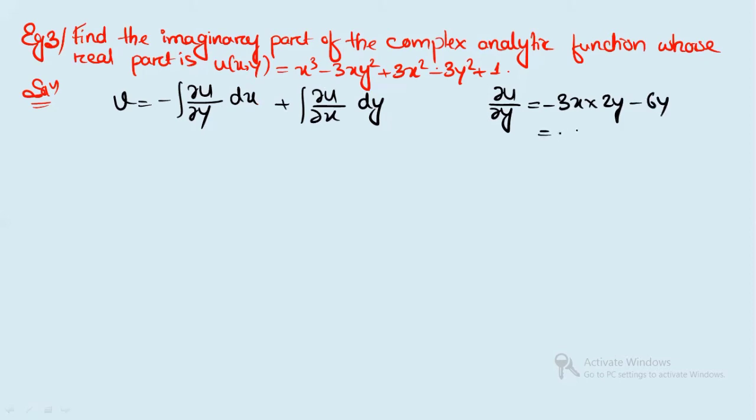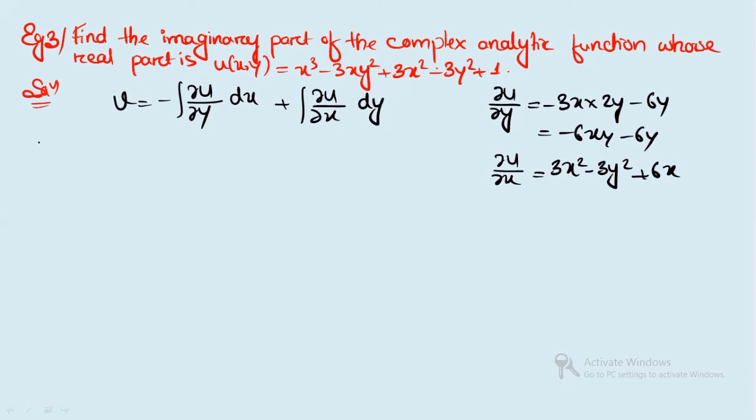So finally you will have minus 6xy minus 6y. Similarly, del u del x: the first term will give you 3x square minus 3y square, and this will give you plus 6x. All the rest are constant.